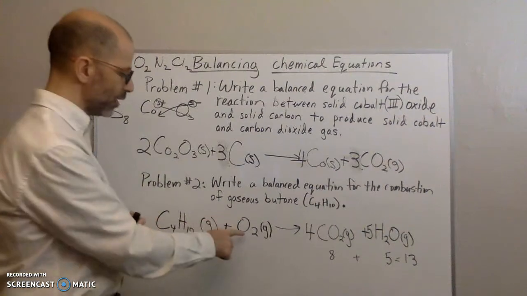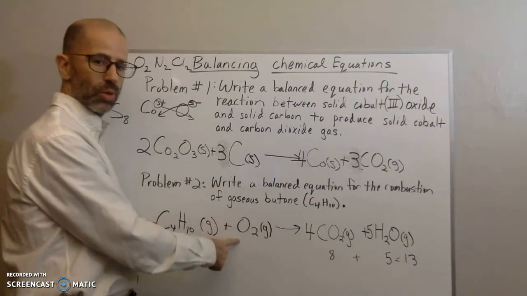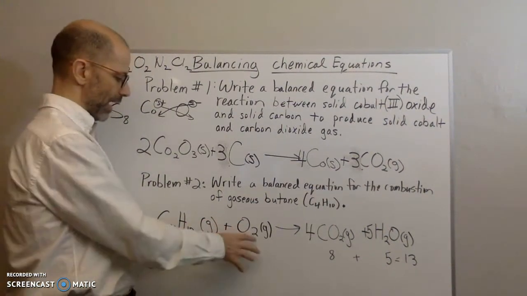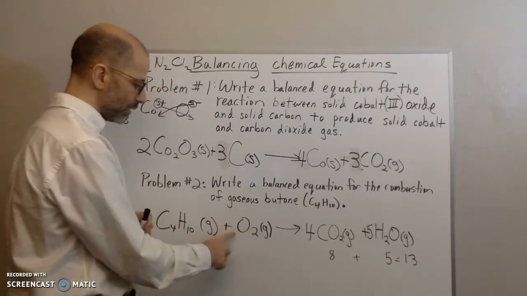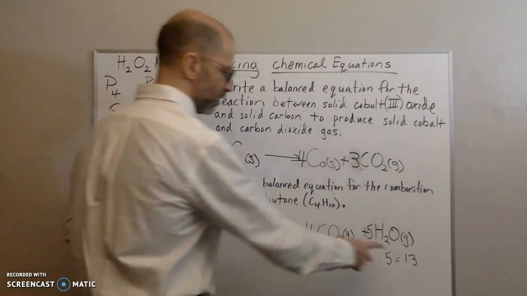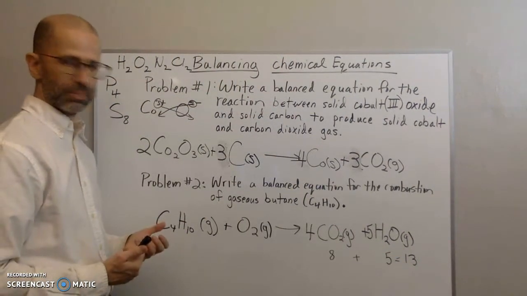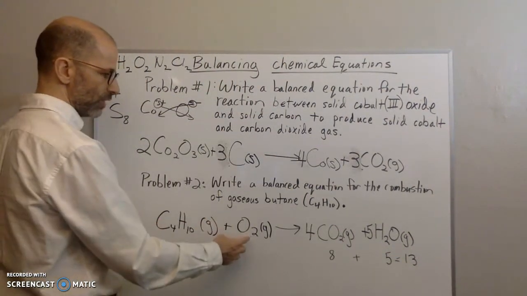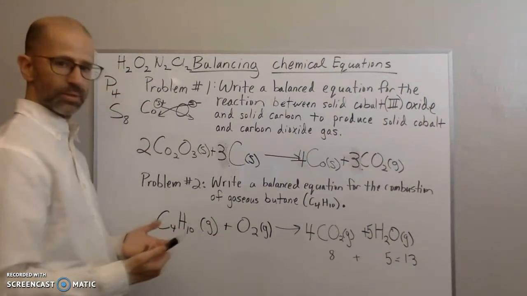I'm going to work with this one, because it's all by itself and I don't change anything else. So what times 2 gives me 13? And remember, you can use a fraction. Well, 13 halves, right?